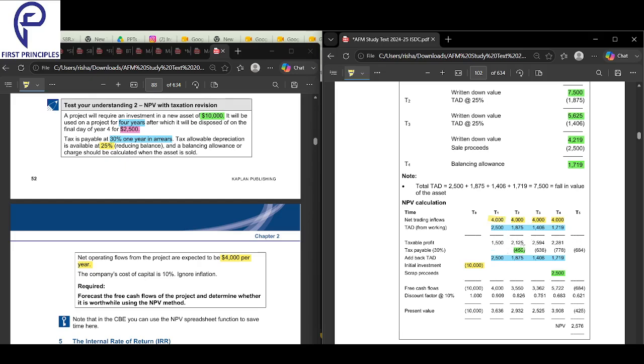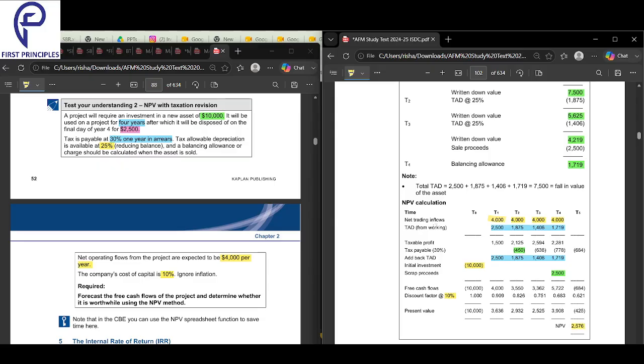On this, you've calculated the tax, but you've taken tax one year later. Then you've added back your tax allowable depreciation over here. You had your initial investment and your scrap proceeds, which you've already done. So you've got your free cash flows. Discount factor is already given as 10, and they're telling you to ignore inflation. So you take it at 10, you get the present value, you get the NPV.